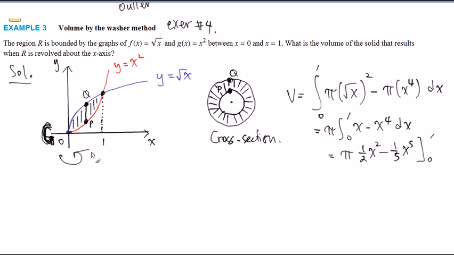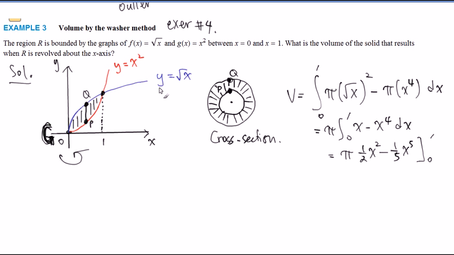What you see over here and what you see over there is exactly the same, because x squared and root x are inverses of each other. So you would expect to get the same answer. But if there's a slightly different shape, say 2x squared while I keep root x, then you expect a different volume, right?